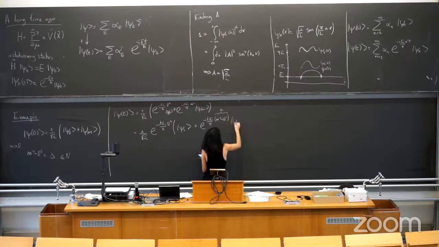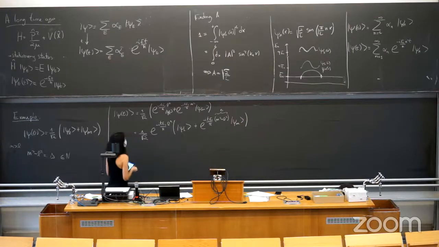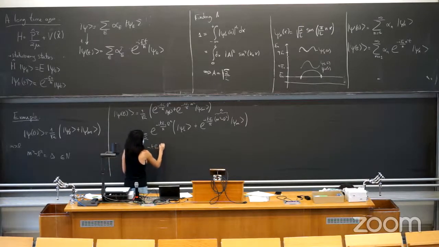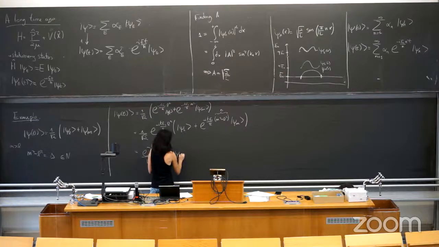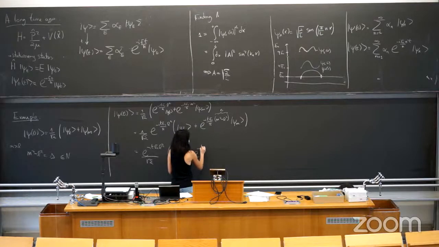So again, it's like the other case before. We have some global phase that will not matter for measurements. And then inside we have a relative phase, plus e to the minus i t E1 delta.